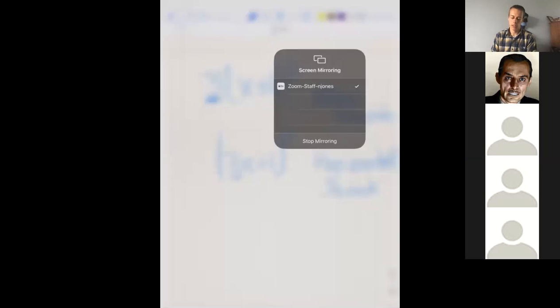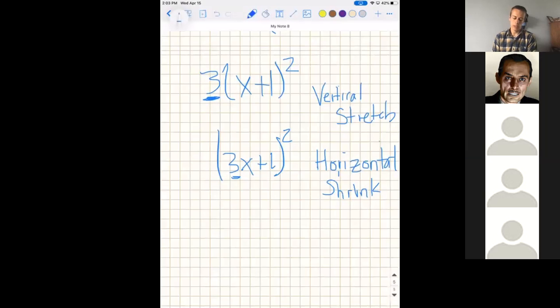I think our big takeaway is this. This will be the last thing I leave you guys with. We said our general form is going to be a times x minus h squared plus k. This number on the end is going to tell you whether the graph moves up or down.